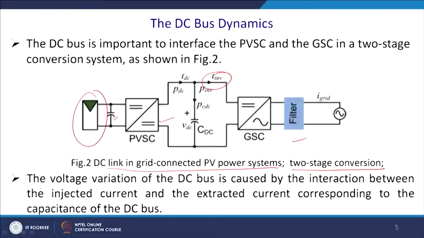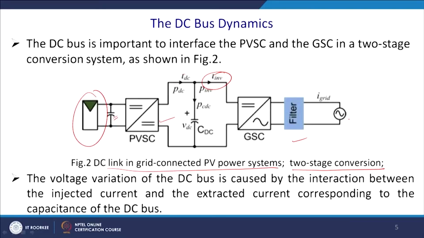So, what we can say here is that the voltage variation of the DC bus is caused by the interaction between the injected current and the extracted current, corresponding to the capacitance of the DC bus. The current here is entering and the current here is leaving. If more current is entering and less current is leaving depending on the load, it is not a problem, since you can consider the grid an infinite load.